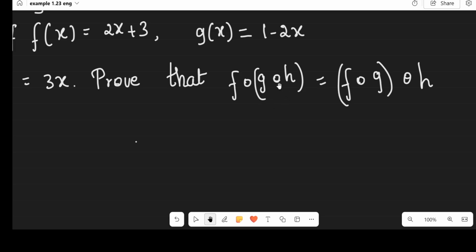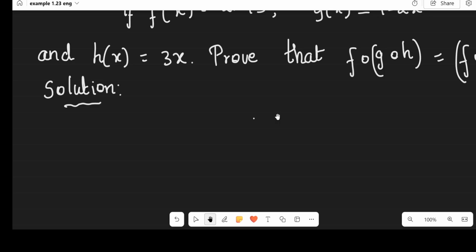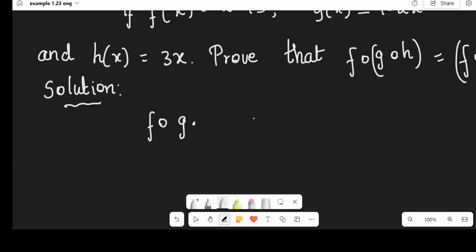For that we need to solve what is inside first, that is g of h. We are going to find out the answer of f of g of h.